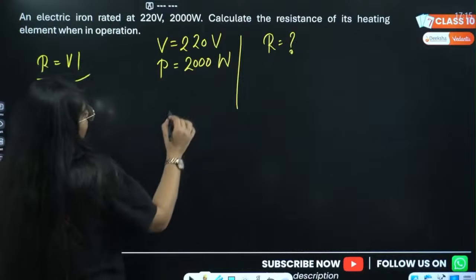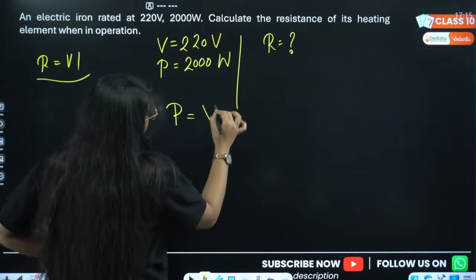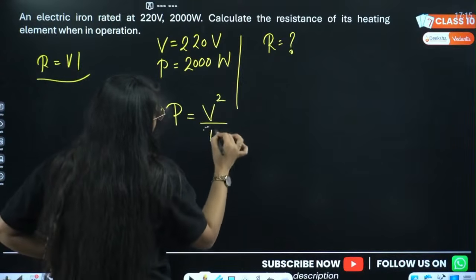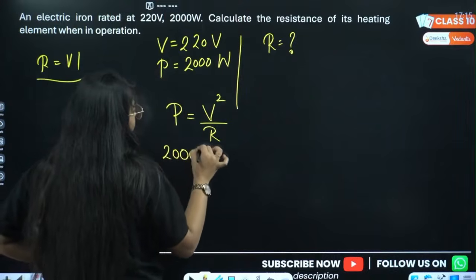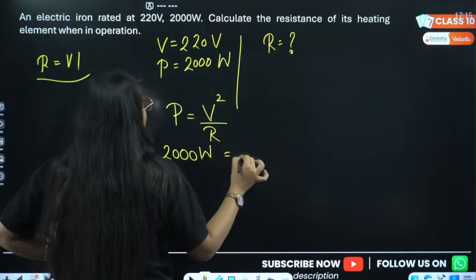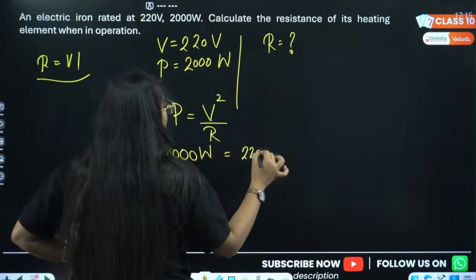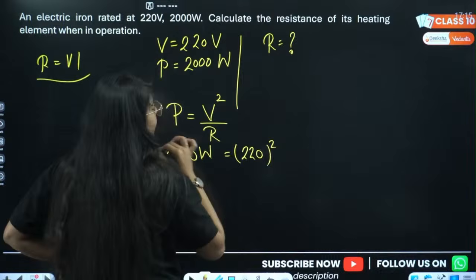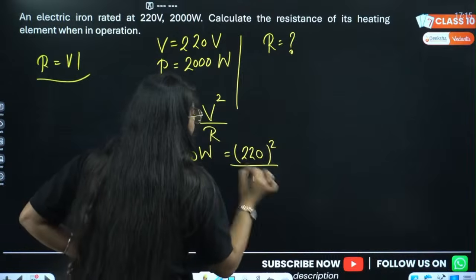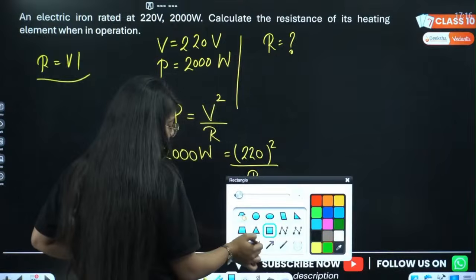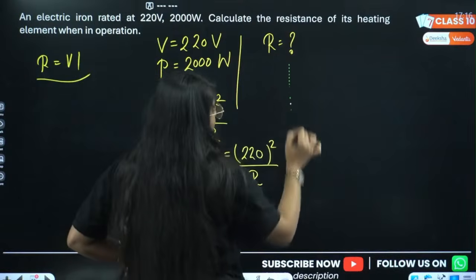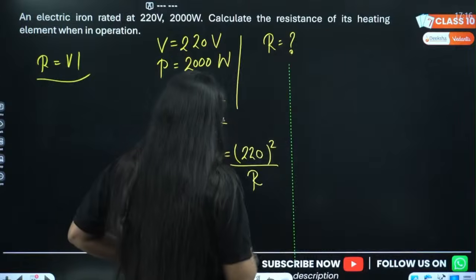ठीक है? So power equals to V square divided by R. Power is 2000 watt, right? And V square is 220 square divided by R. Correct? So now chalo.